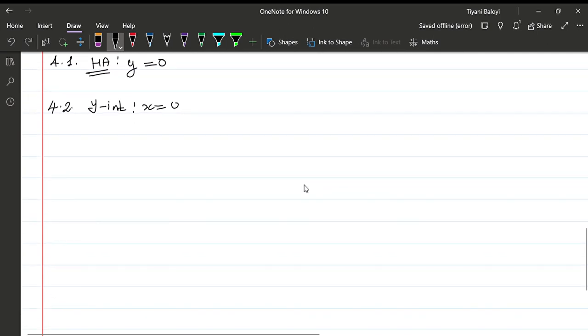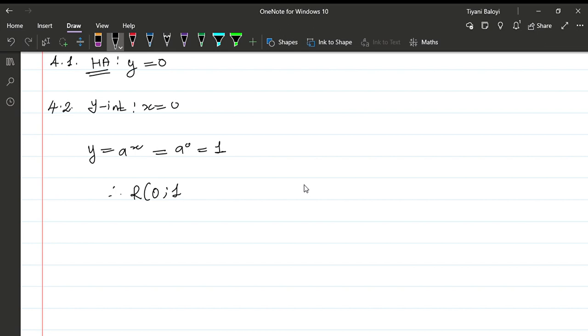And then we have y is equal to a to the power x. Just substitute 0. We know this is 1 from the rules of exponents. Therefore R, we've said that x is equal to 0, and y is 1. So we got R.